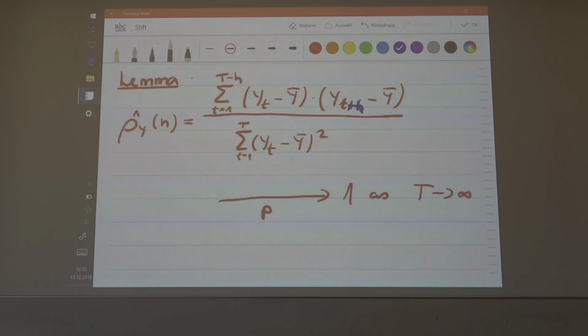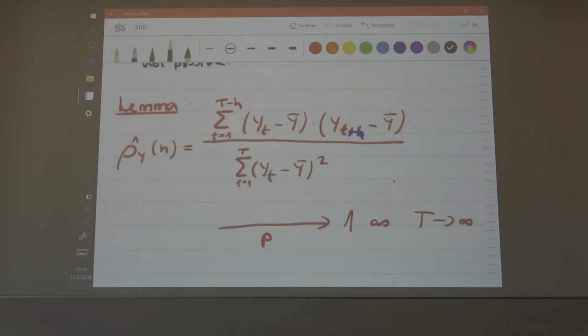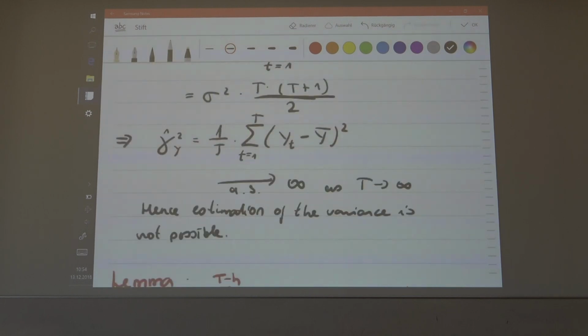Now we define the so-called integrated processes of order 1, the first order integrated processes. I'm sorry, I didn't know what I was pushing here. Let me just, okay, you understand the point? So this is a problem, and this is a direct consequence of the variance converging to infinity.